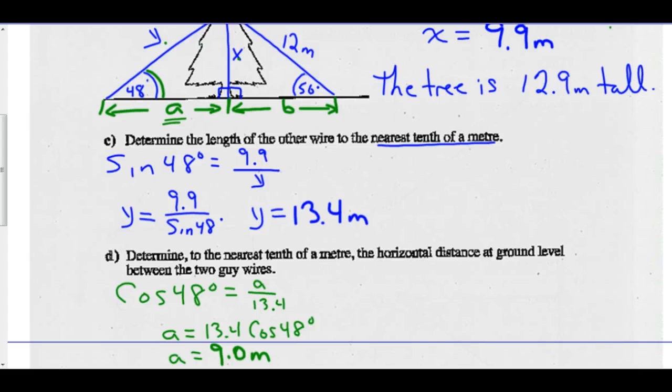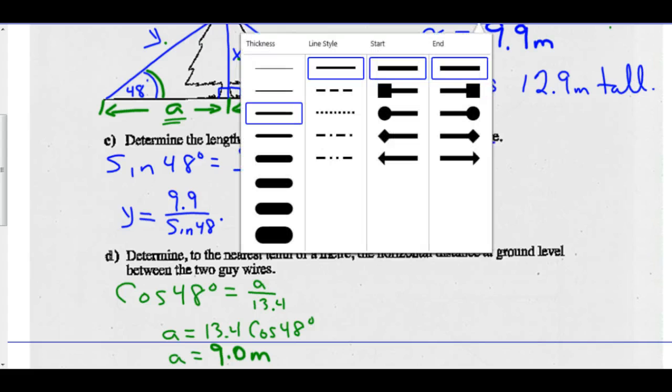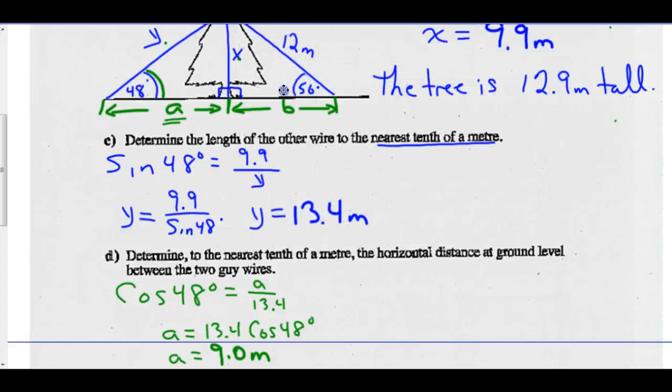Let's find the length of B now. So in the second triangle, from 56 degrees, I'm looking for the adjacent side. I'm given the hypotenuse, so once again, I'm going to use the cosine ratio. Cosine of 56 degrees equals adjacent over hypotenuse. We're looking for side B. We're given the hypotenuse, which is 12. So 12 times the cosine of 56.